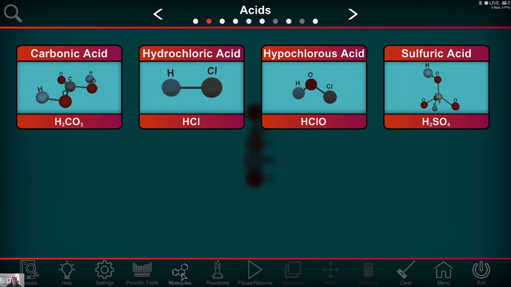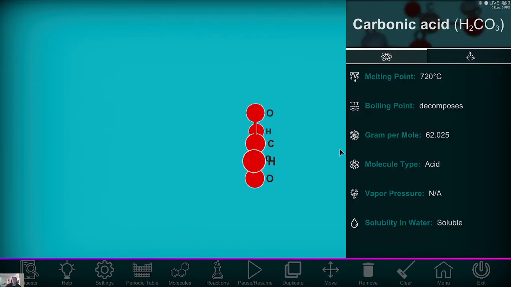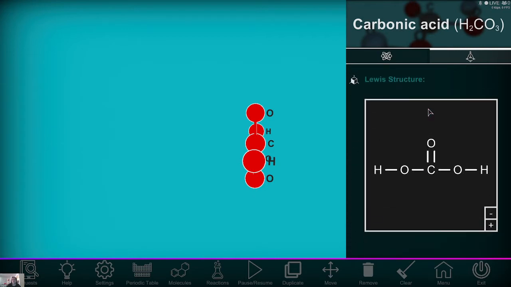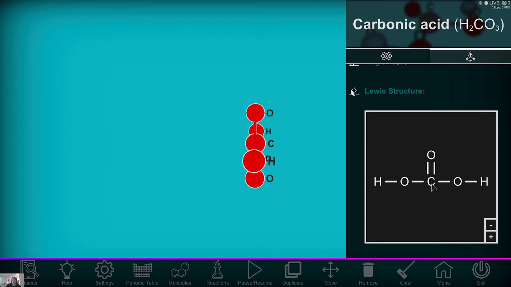So what do we have? We have a CO3 double bond here.